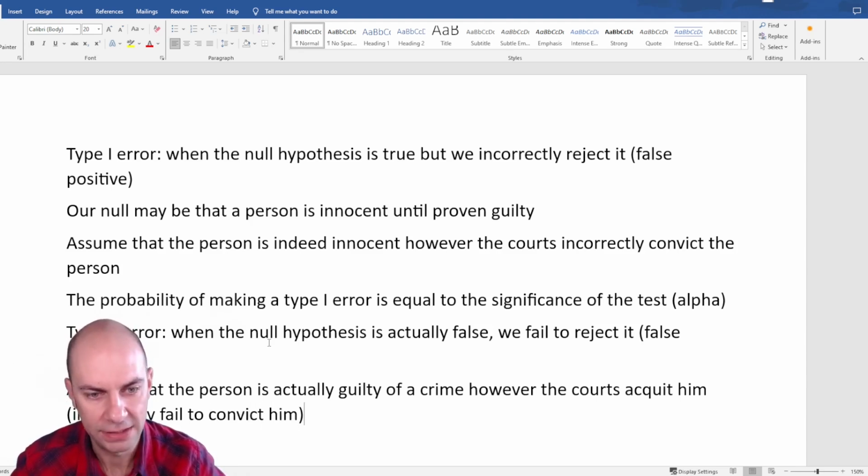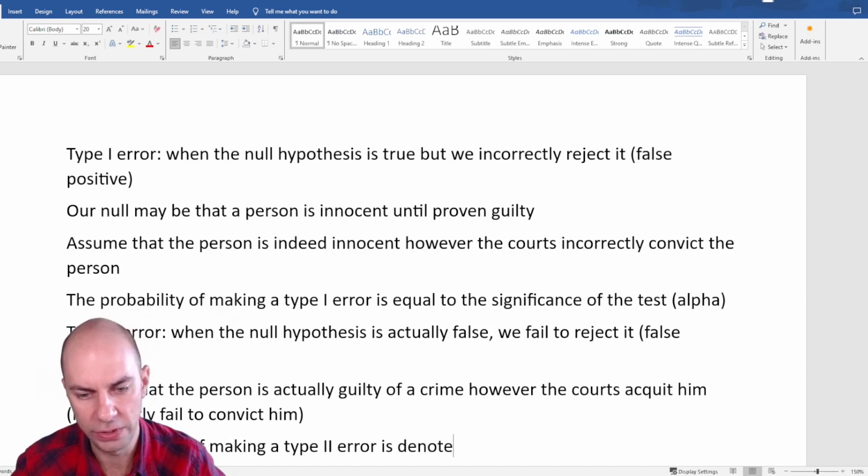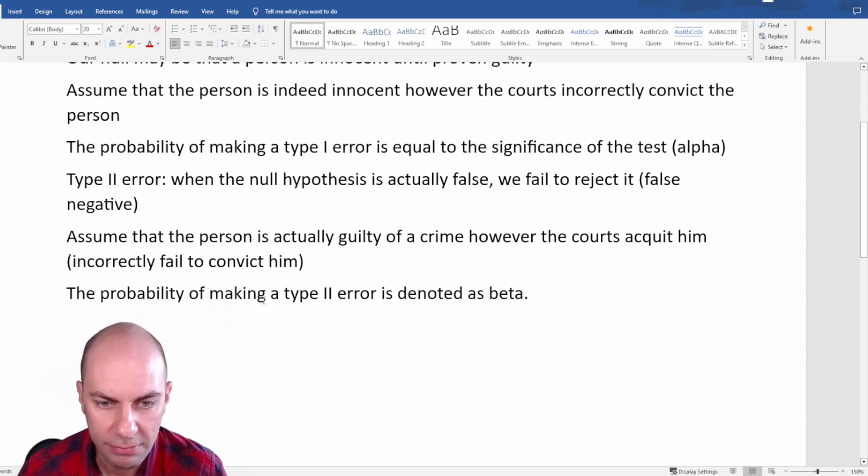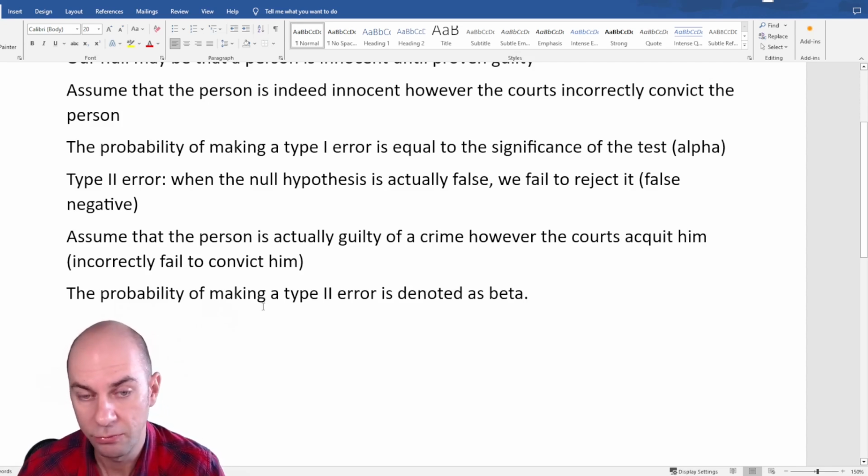Now that, my friends, is a type 2 error. The probability of making a type 2 error is denoted as beta. We denoted already the probability of making a type 1 error as alpha, so it is only logical that the probability of making a type 2 error is going to be denoted as beta.